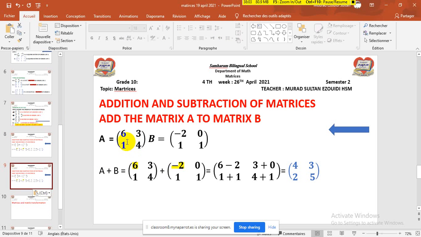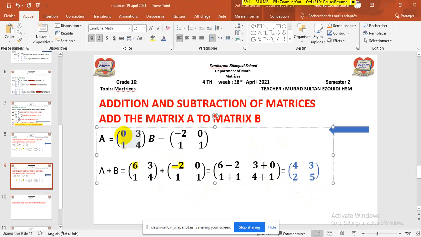Did you write this? Finish? Okay, I will now change the numbers. 0, -3, -2. You will now write a new question. This exercise you will do it, my daughters. Okay, -2, I'll make 1.